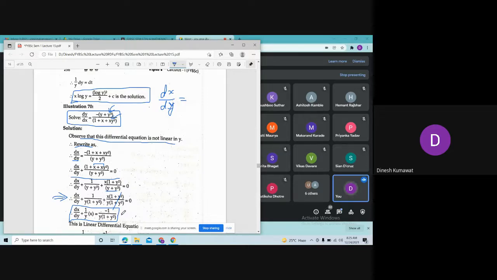Now you can see this is the linear differential equation in x. So what is the integrating factor? E raised to integration P into dy. P dy. Yes, sir. So what is the integration of p dy?